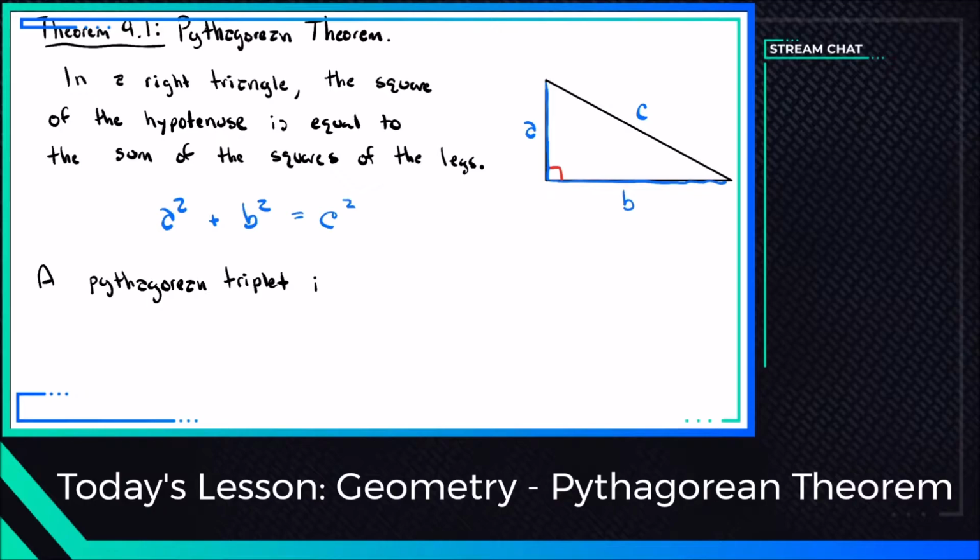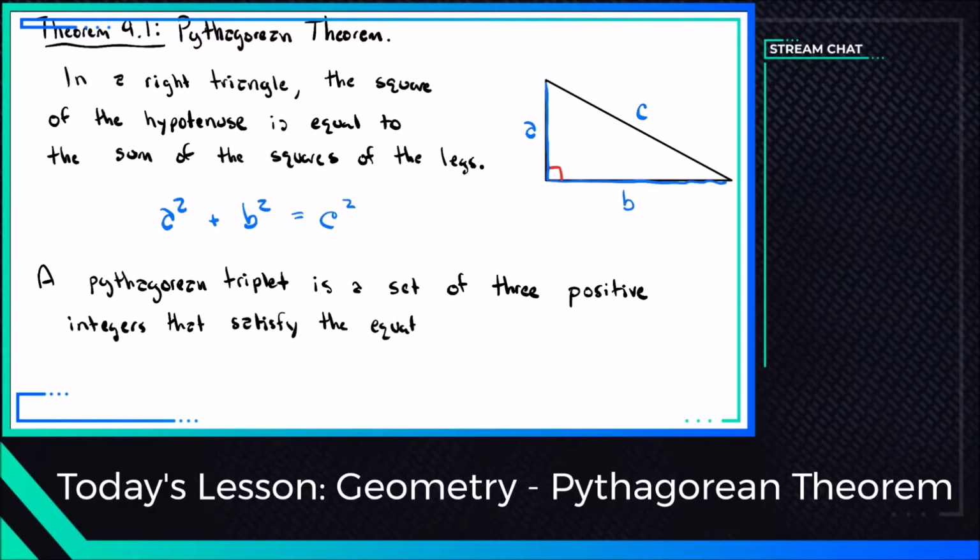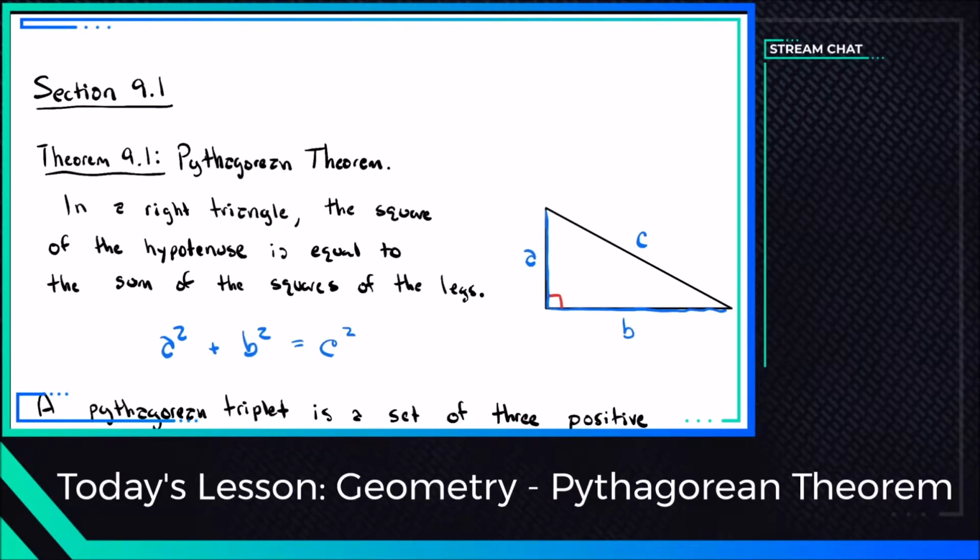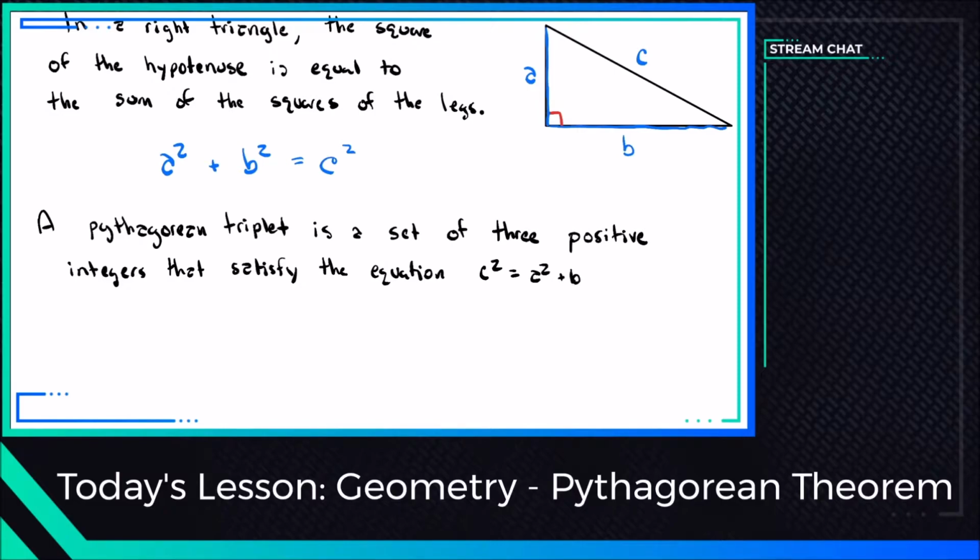It is a set of three positive integers, so any three positive numbers, that satisfy the equation C squared equals A squared plus B squared.